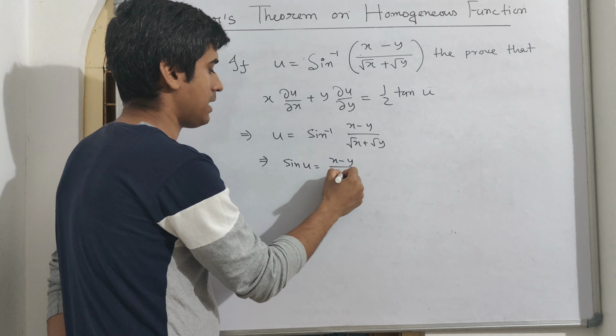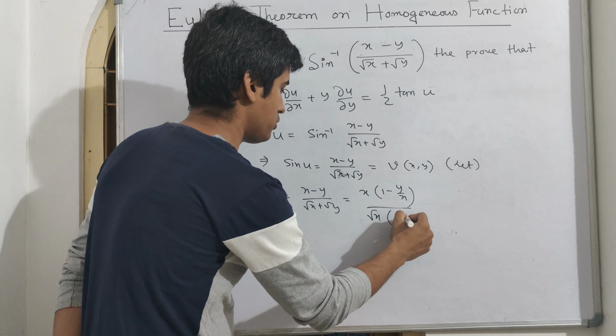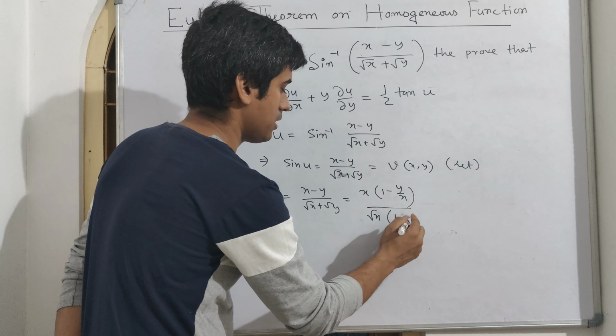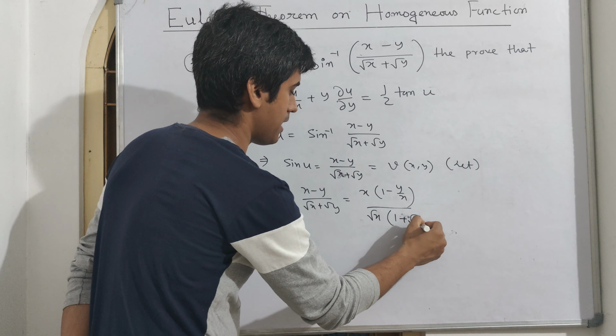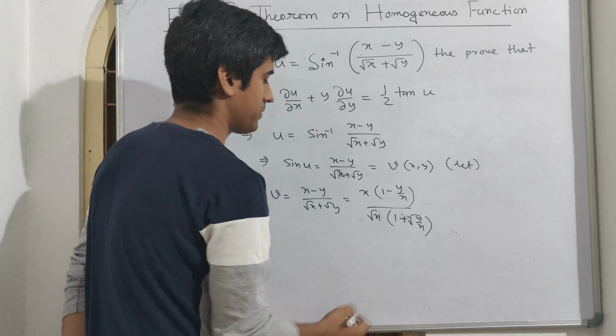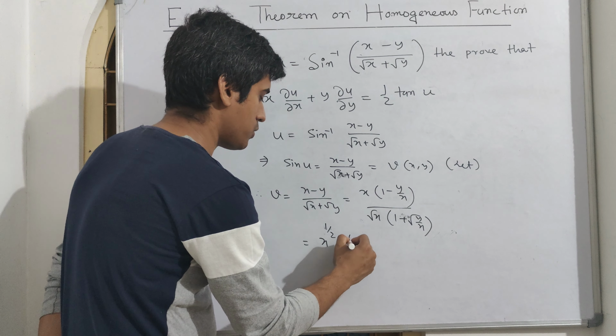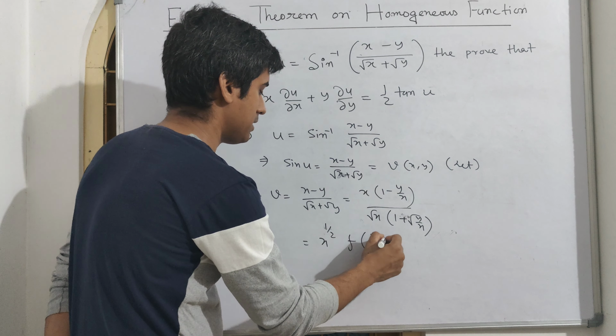If we take x common from the numerator it will be x into (1 − y/x), and the denominator will be root x into (1 + root over y/x). So it will be x to the power half into function of y/x.